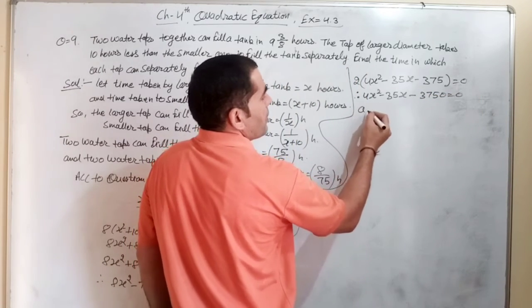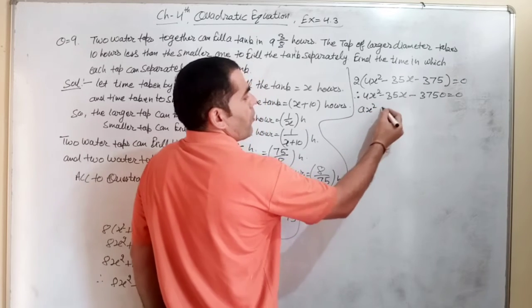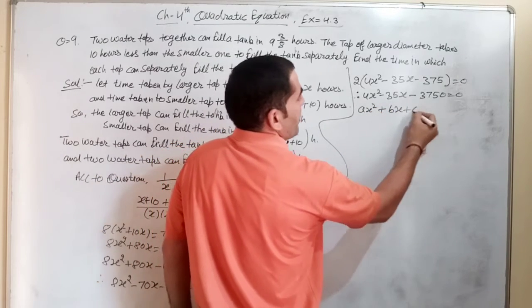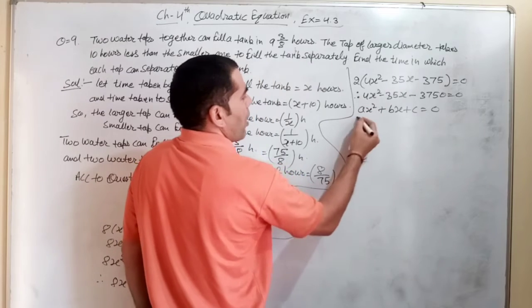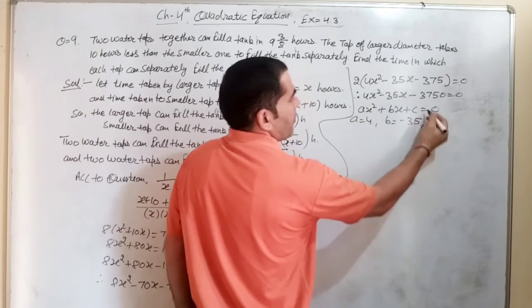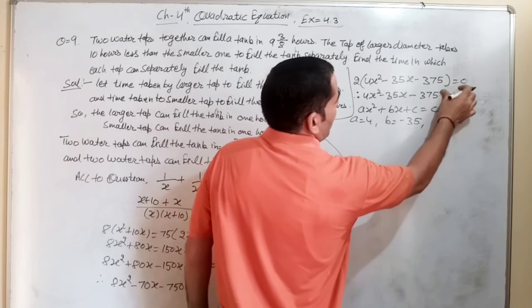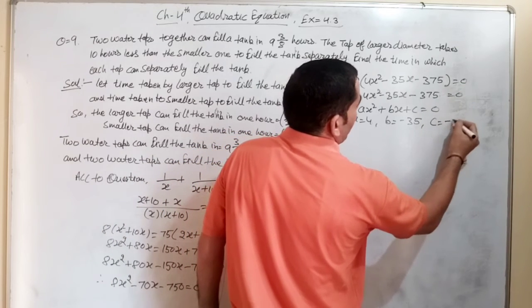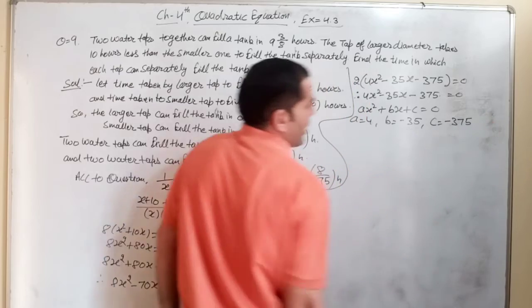Factorization by splitting the middle term. Comparing with the general form ax square plus bx plus c is equal to 0, a is equal to 4, b is equal to minus 35, and the value of c is equal to minus 375.